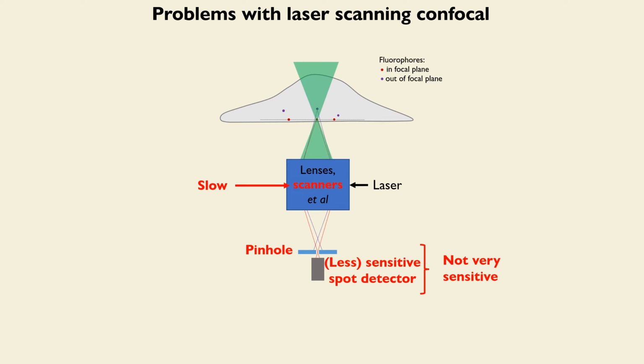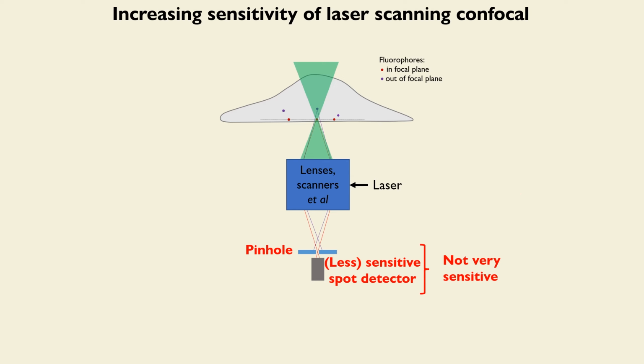Another problem with laser scanning confocal is that the scanning process, because we acquire images in series point by point, is slow. So it takes us longer to take an equivalent image than some other techniques. And finally, we use the laser to illuminate the sample, and lasers are usually high power sources of light, so this can be very damaging to both the fluorophores and the biological integrity of any live samples that we might be looking at.